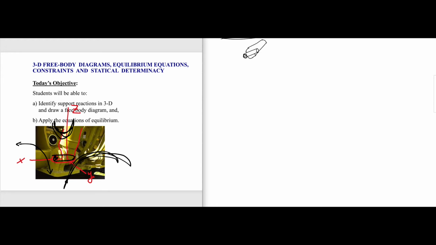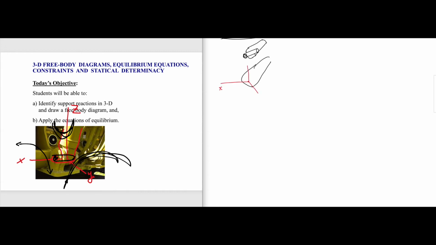That means if we were to represent this support with reactions, we will draw the rod, the connecting rod, and then at this point, I'm waiting for this to sync. In the meantime, let me give the axes. Sometimes it takes a while to sync.